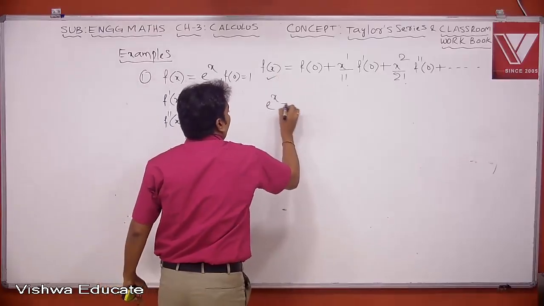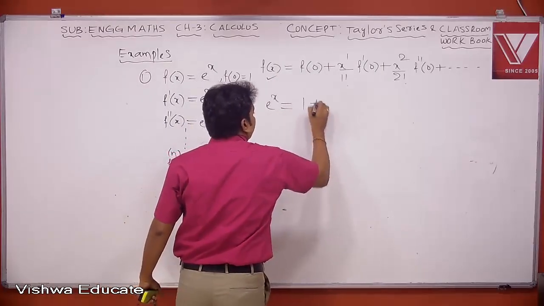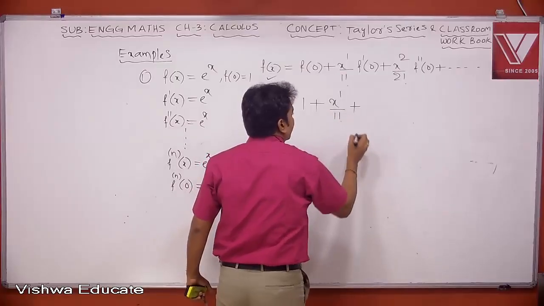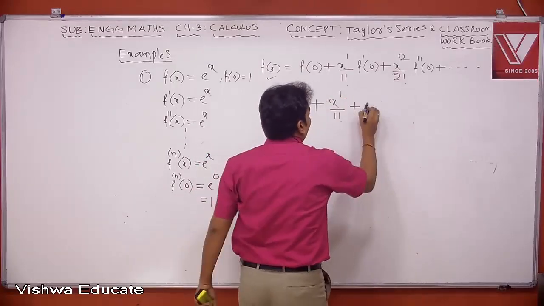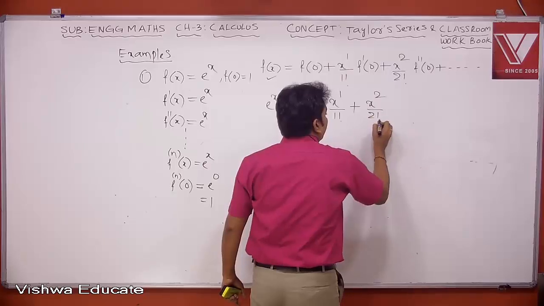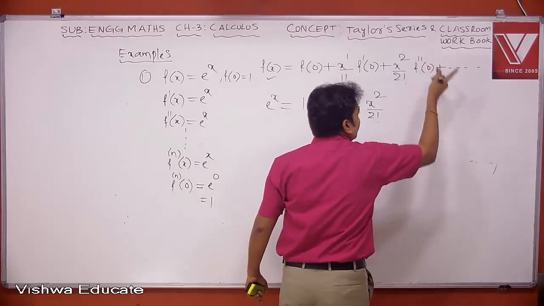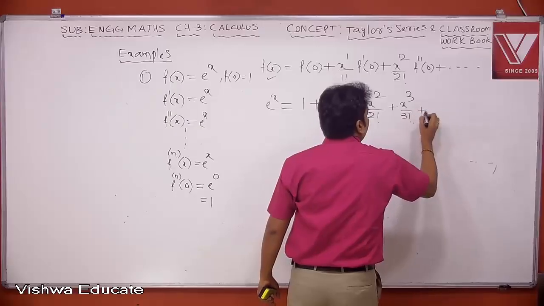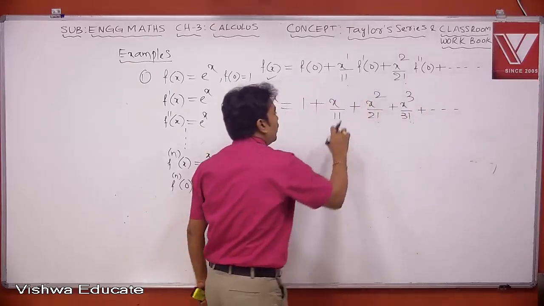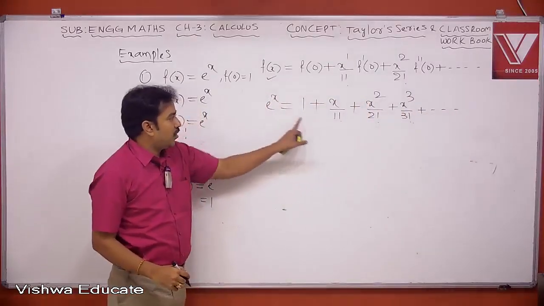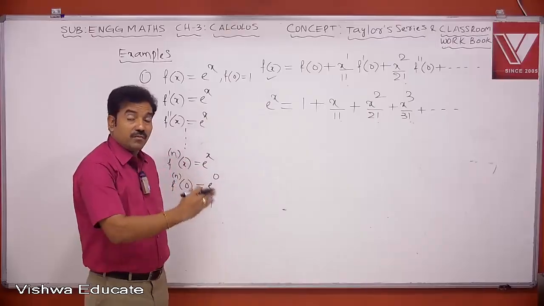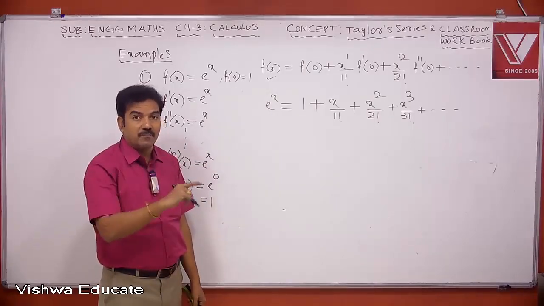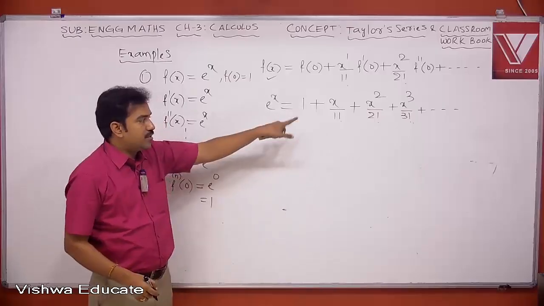Therefore e power x equal to 1 plus x power 1 by 1 factorial plus x square by 2 factorial, because this quantity is 1. Next, the third derivative is 1. So plus x cube by 3 factorial plus and so on. Therefore, this is the Maclaurin series expansion of e power x. Powers of x are in increasing order. All terms have positive sign, plus plus plus.